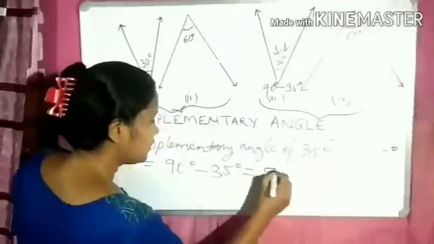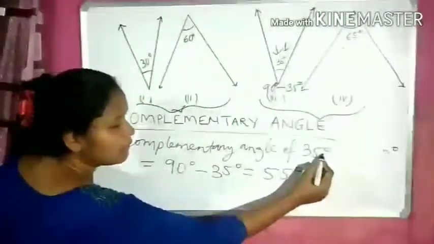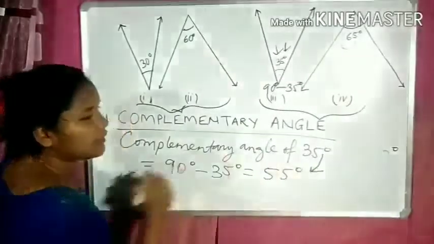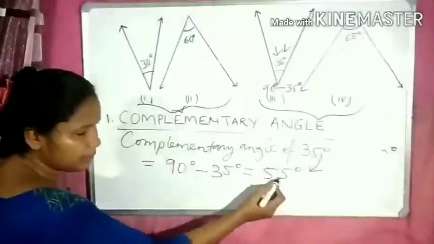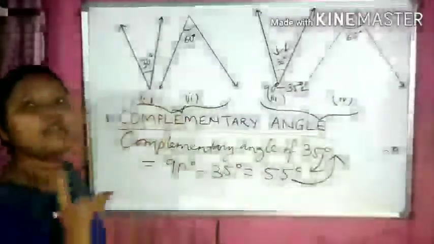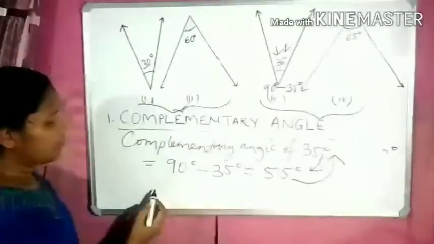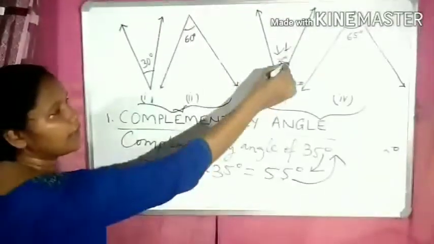We are finding 55 degrees. So 35 degrees is complement to 55 degrees, or 55 degrees is complement to 35 degrees. We have found the complementary angle of 35 degrees.